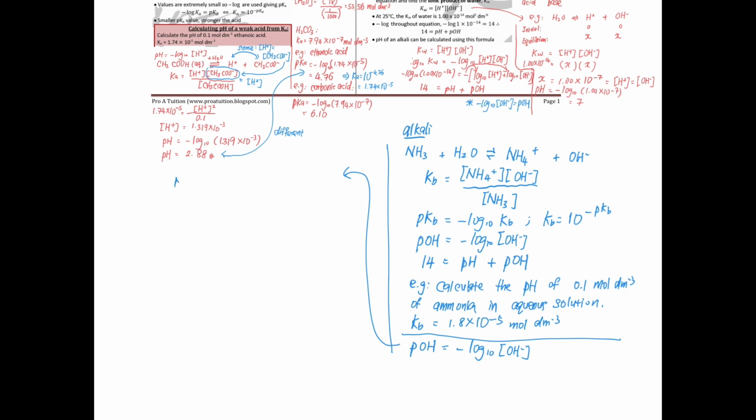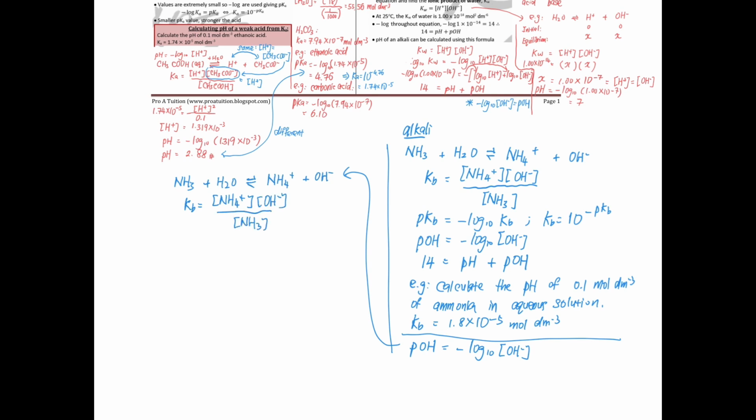The equation is ammonia dissociating. I planned to write water on top but cannot, so I must write H2O here, so that it becomes NH4 plus and OH minus. So the Kb is NH4 plus times OH minus over NH3.